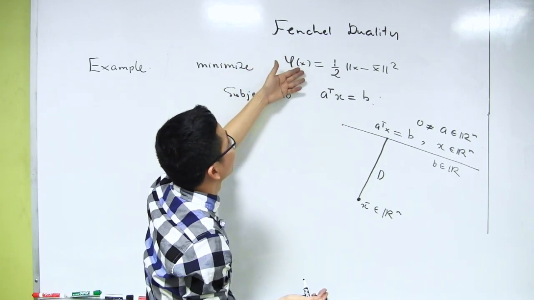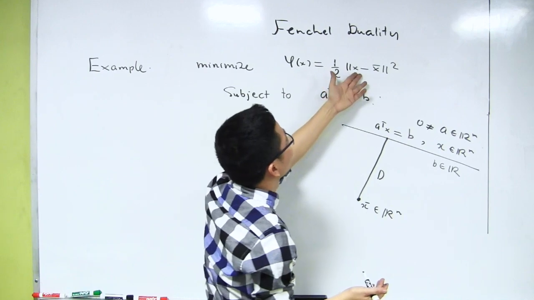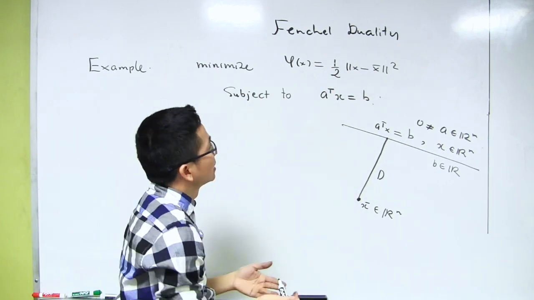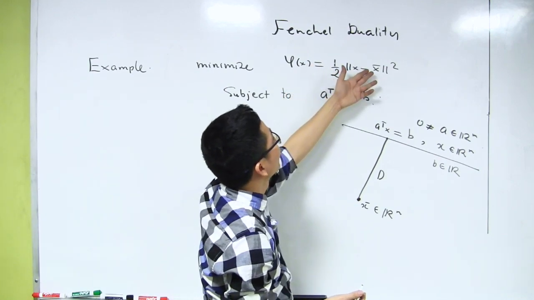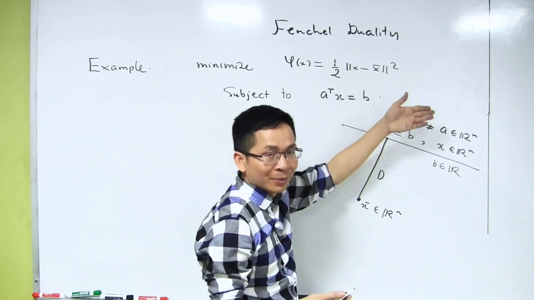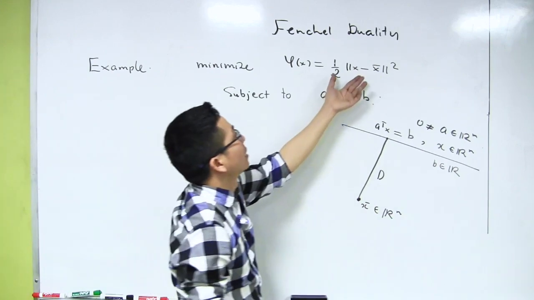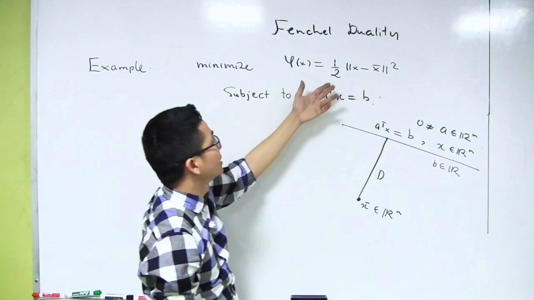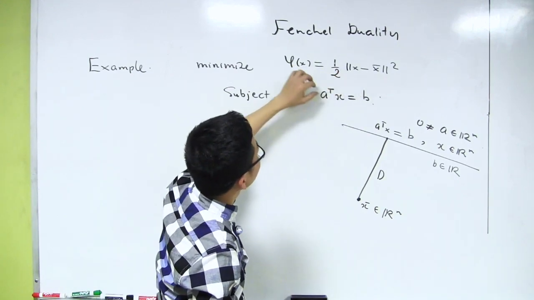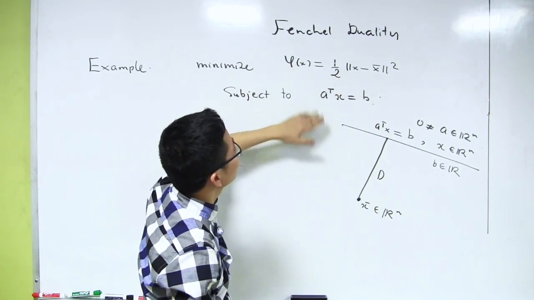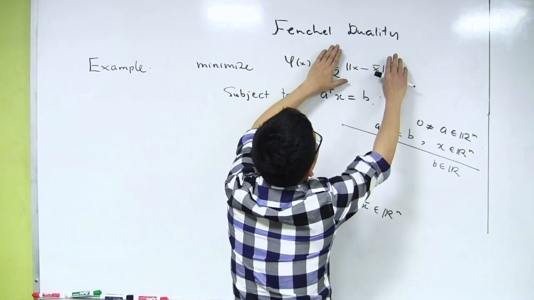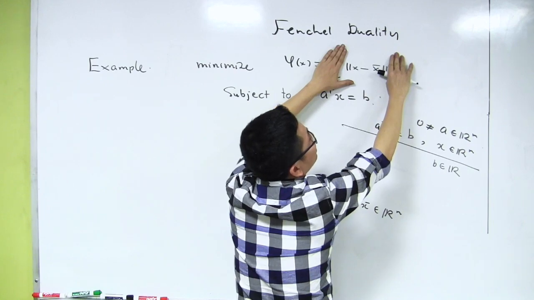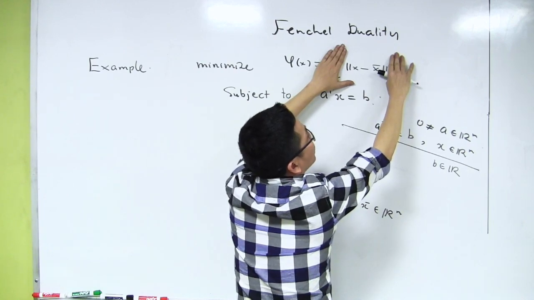Okay, and instead we can solve this optimization problem. We want to minimize phi of x, which is 1/2 times the norm of x minus x bar squared, subject to this condition. Writing it this way makes the problem easier because this is a differentiable function. Actually, if x is a solution of this optimization problem, then it is also a solution of the problem in which we want to minimize this form, and vice versa.